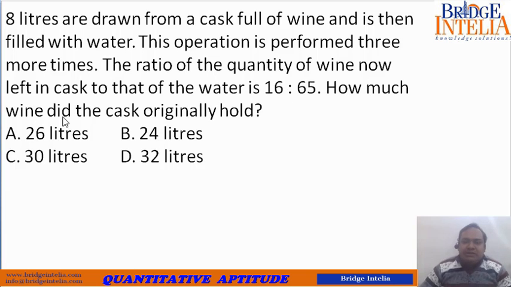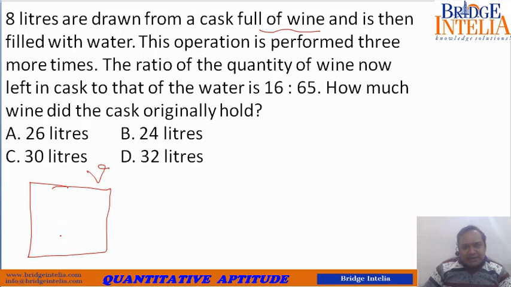How much wine did the cask originally hold? Please understand what is the question. Very good question. You are taking out 8 liters from a cask which was completely filled with wine. There was a cask, let its volume be V. It was completely filled with wine. You are taking out 8 liters and then you are filling it back with water.